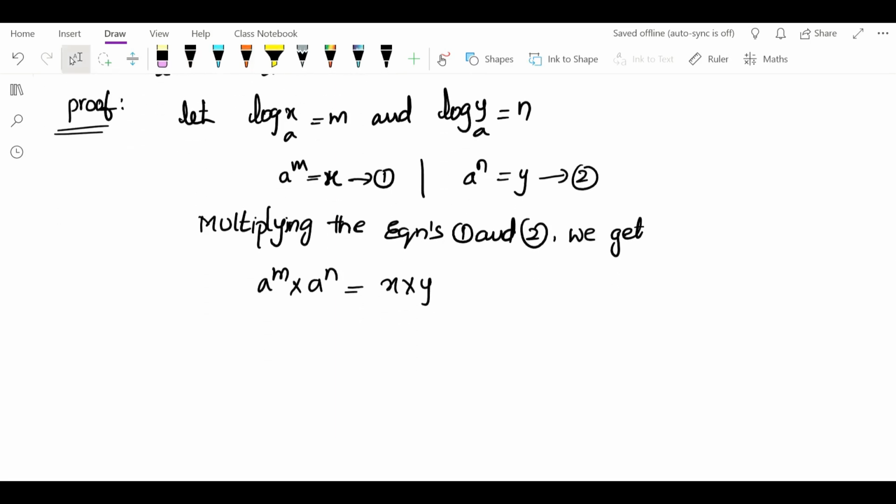We know the formula: a to the power of m into a to the power of n means a to the power of m plus n. That is equal to x into y, meaning xy. This a to the power of m plus n is equal to xy is in exponential form. So we convert this into logarithmic form: log xy base a is equal to m plus n.